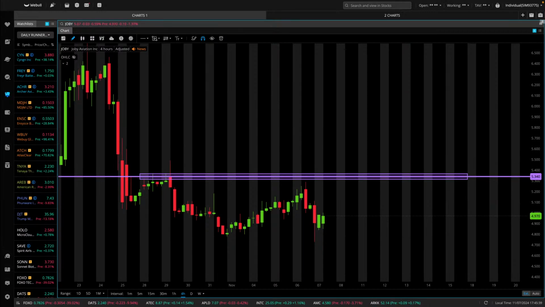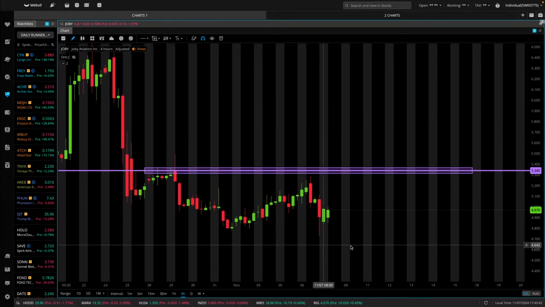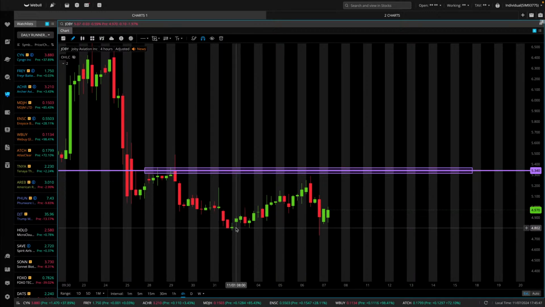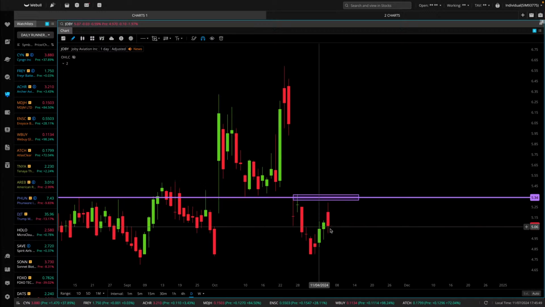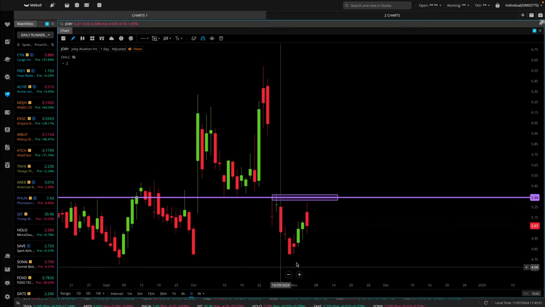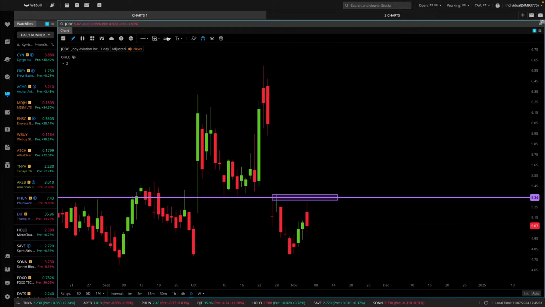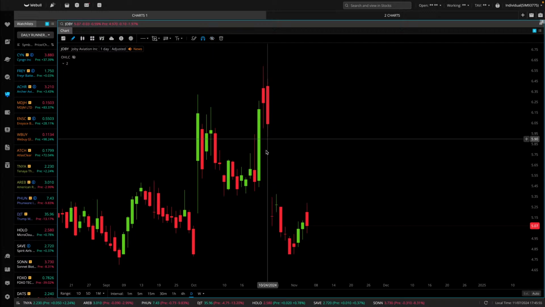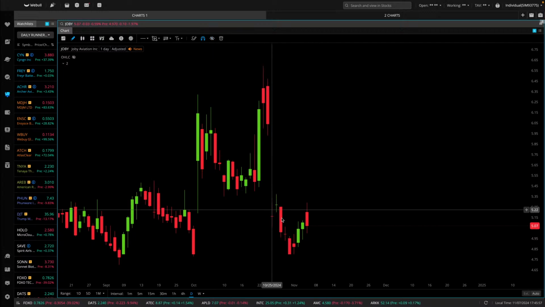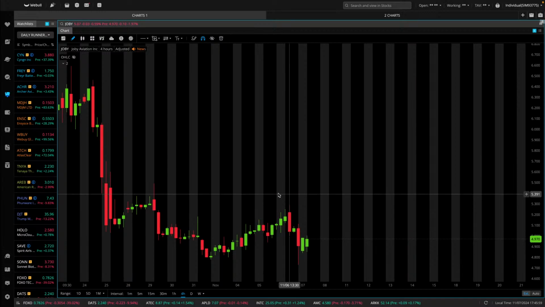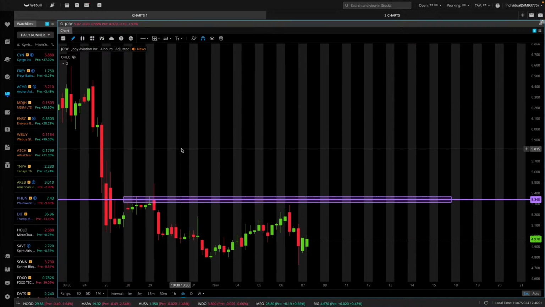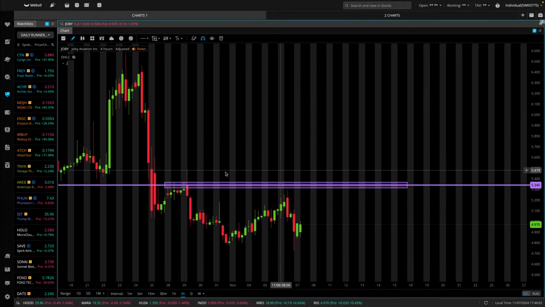When zooming out to look at levels, how far are you looking? For me, I like to use the 4-hour because I can see pre-market and after hours, like this with the gray. If I have daily, I don't like it because I don't know what's happening here. But we can see Jobby, if we're looking at this, we do have a nice gap fill, which is a very good sign, high probability of pushing up. But I like to see what's going on with price action during after hours and pre-market.